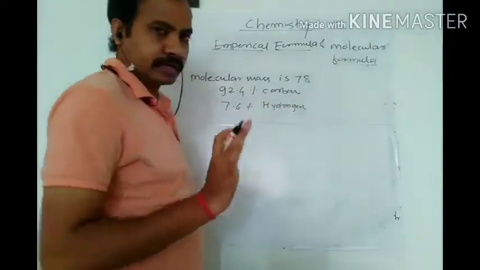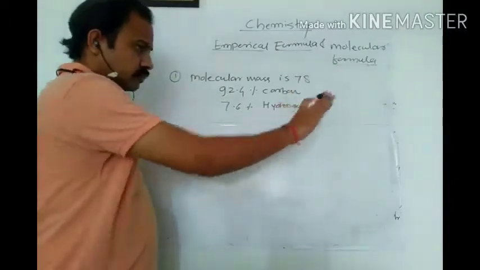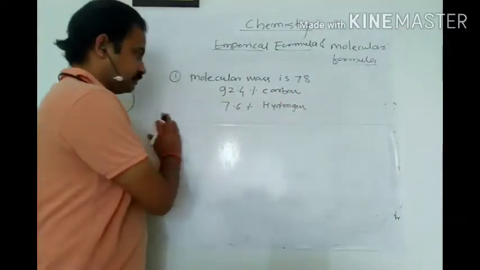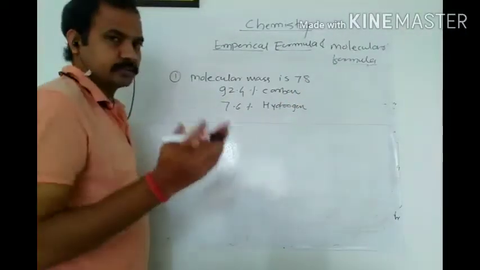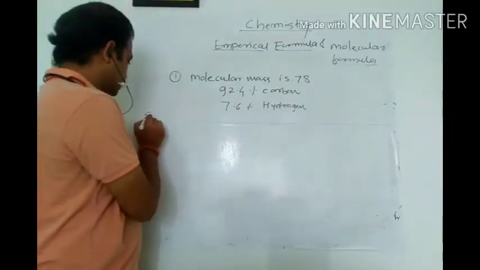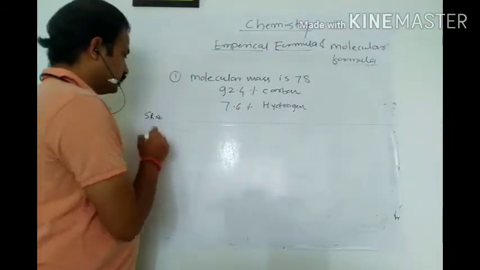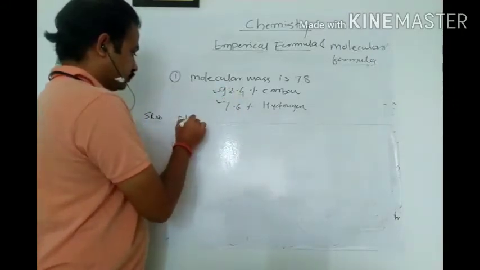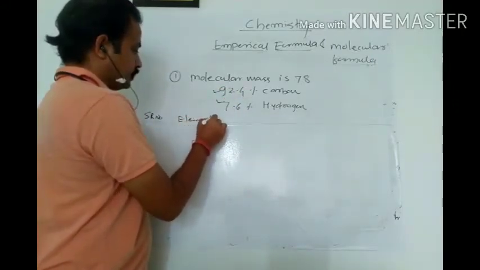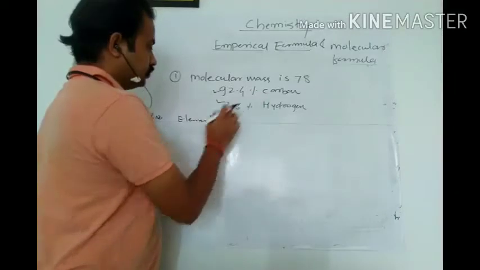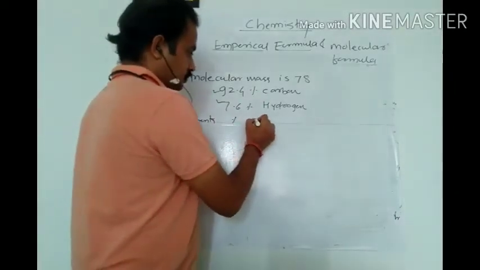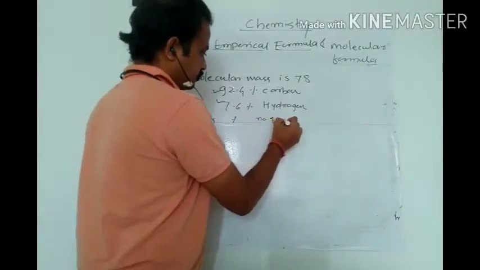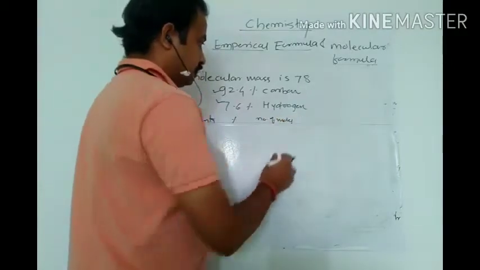As we already discussed, we have to form one table here, which consists of 5 to 6 columns. Let us say the first column is the serial number, the second is the particular element, the third is percentage, the fourth is number of moles, then the fifth and sixth.